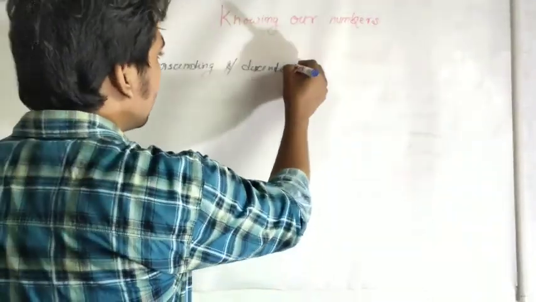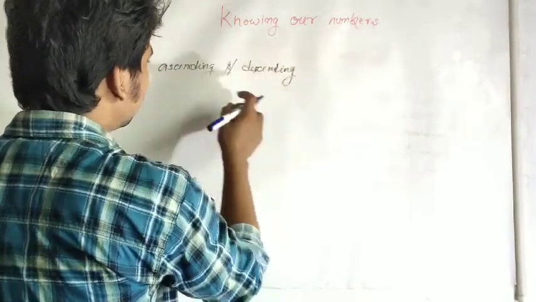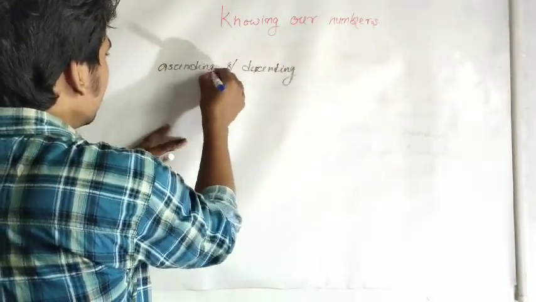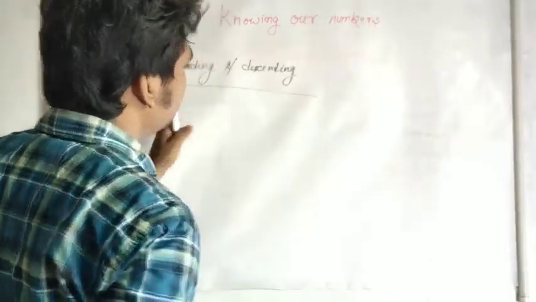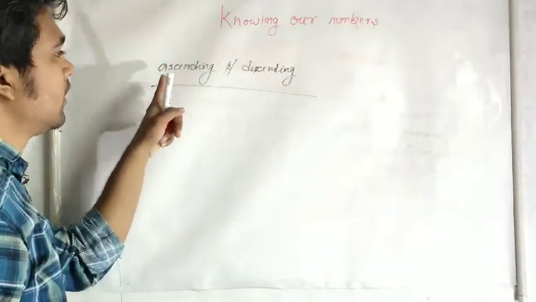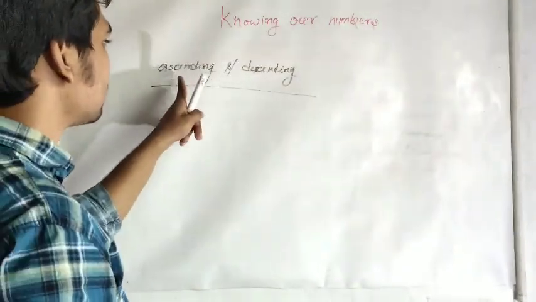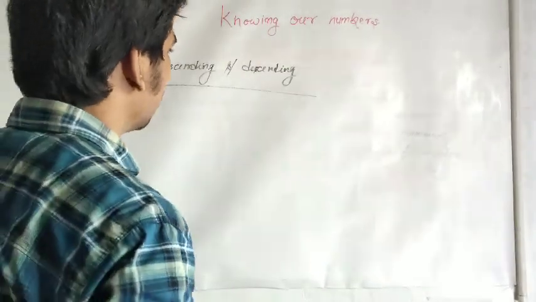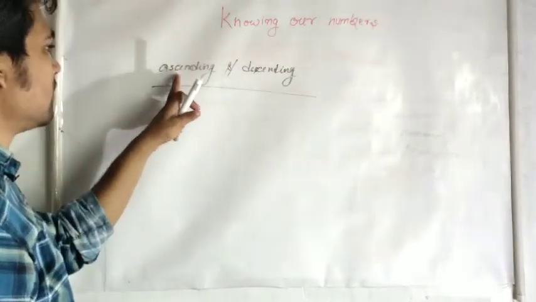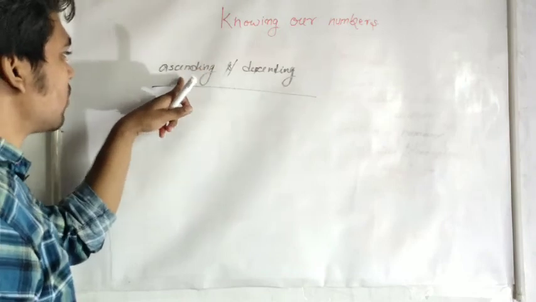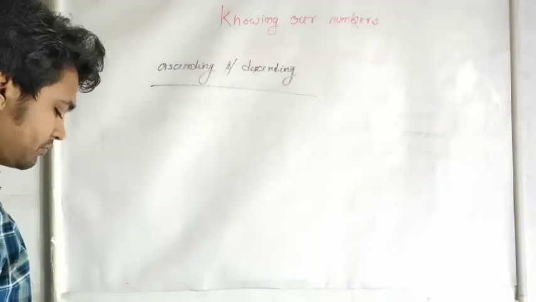Here the comparison of numbers will also be useful for determining ascending and descending order. So firstly we will discuss what is ascending order.